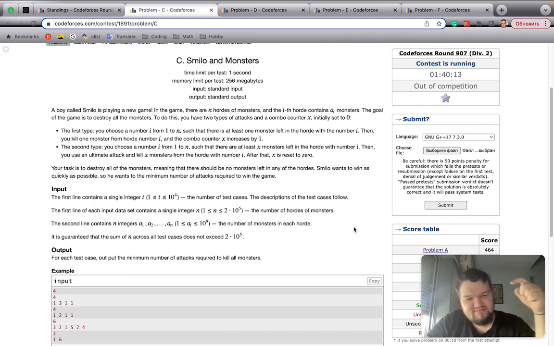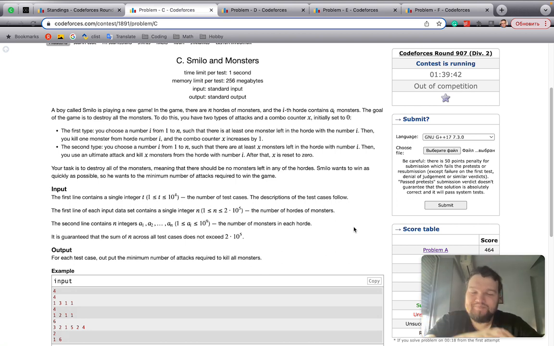Except that maybe in the end we will have attacks that do not contribute to any combo. So the number of attacks of the first type is fixed. It's just the total health of all the monsters divided by 2, rounded up, I guess.